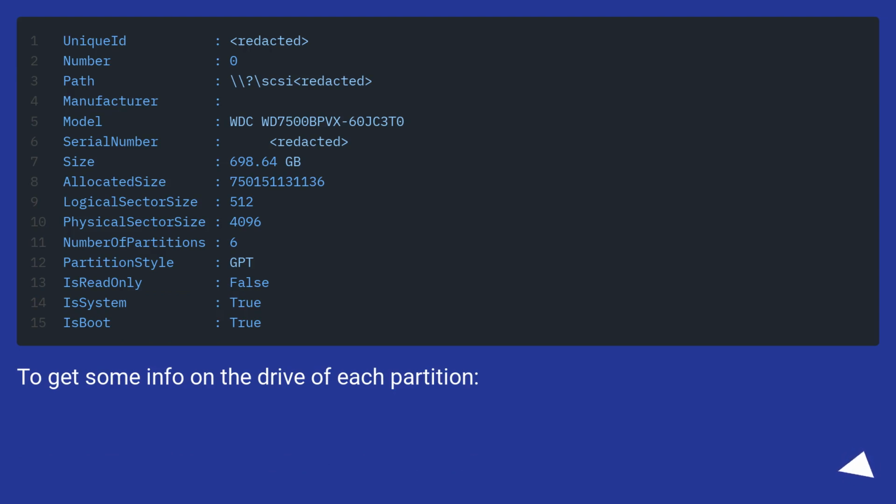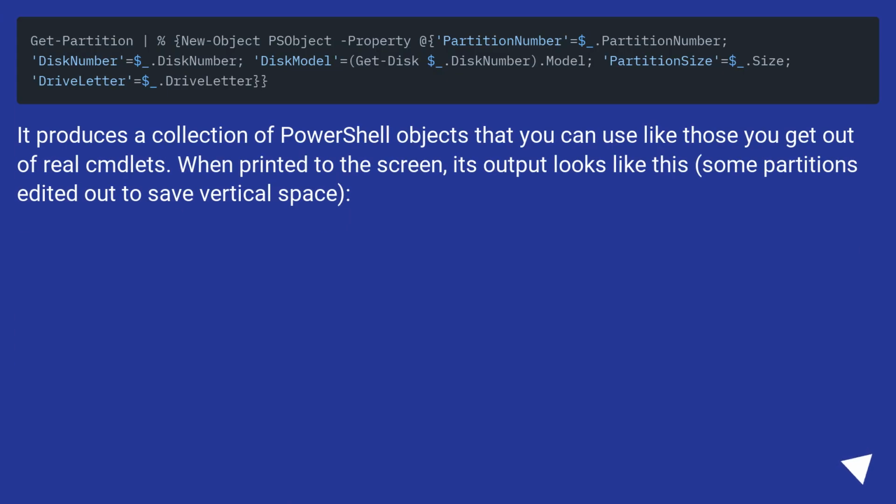To get some info on the drive of each partition, it produces a collection of PowerShell objects that you can use like those you get out of real cmdlets. When printed to the screen, its output looks like this, some partitions edited out to save vertical space.